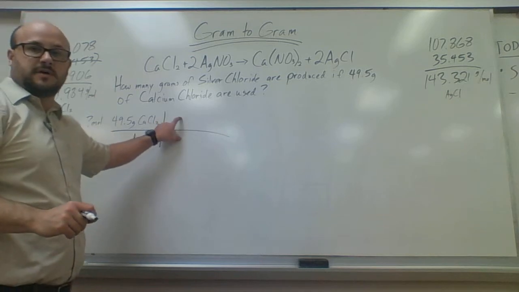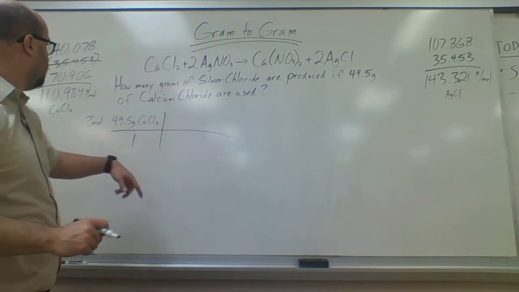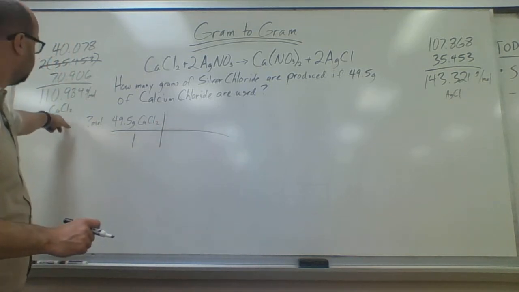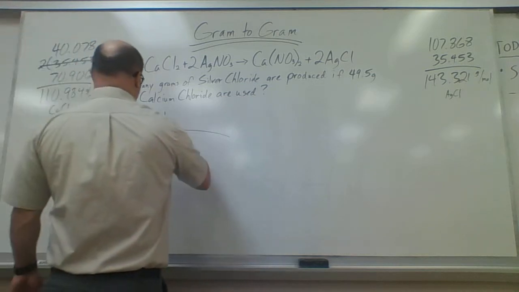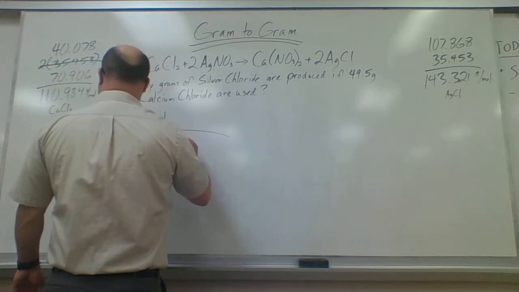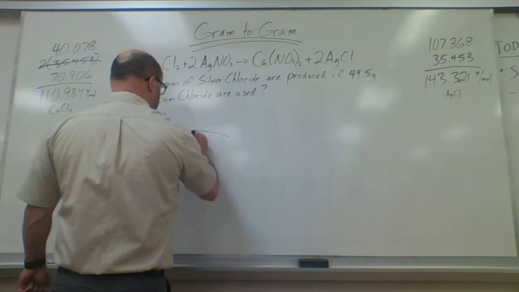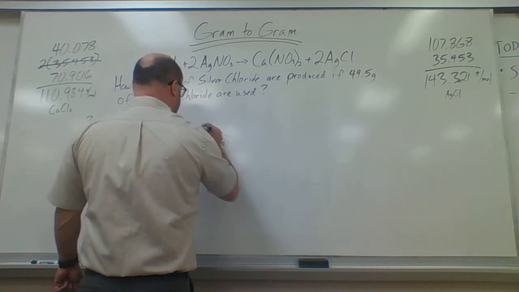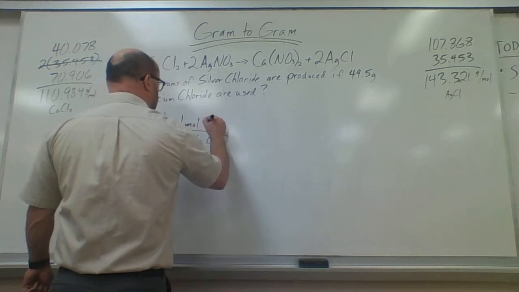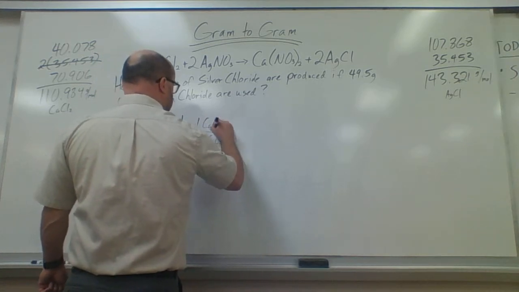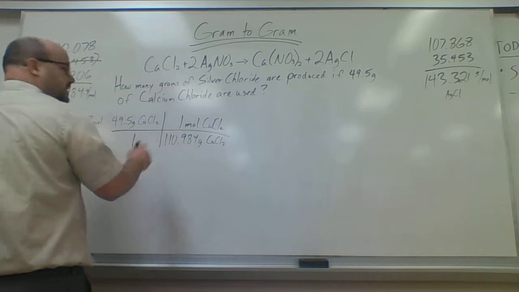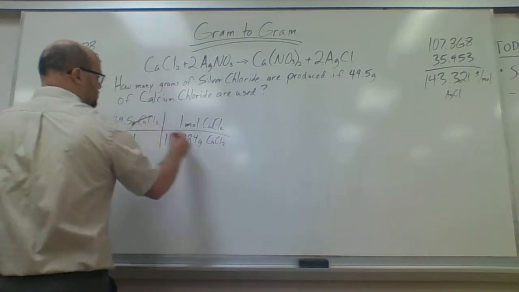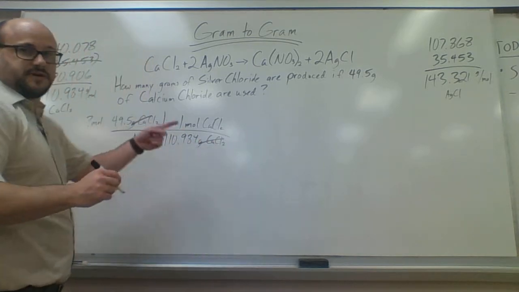Now if we're going to convert to moles, we need grams on bottom, and we need calcium chloride's mass. So we're going to say 110.984 grams of CaCl2 per 1 mole of CaCl2. Cancel your grams out, and then multiply straight across.